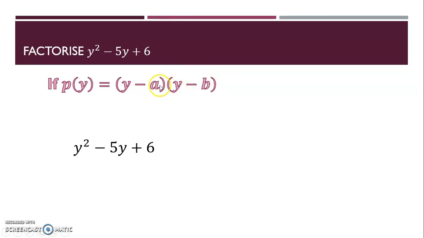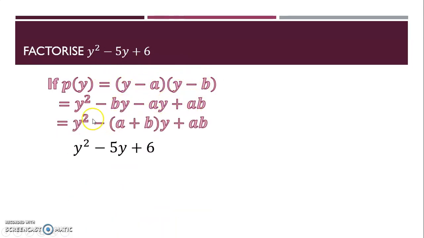Our aim is to find out what these two numbers are. When we multiply these, I get y squared minus by minus ay plus ab, which is y squared minus (a plus b) times y plus ab.